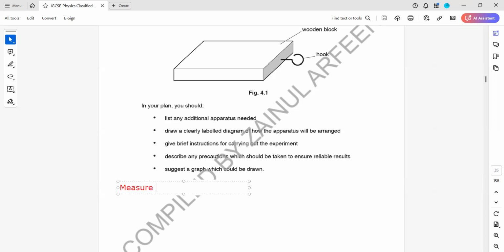So we'll measure the mass of the wooden block, and we will attach the string with the hook, and we will add load on the other side.